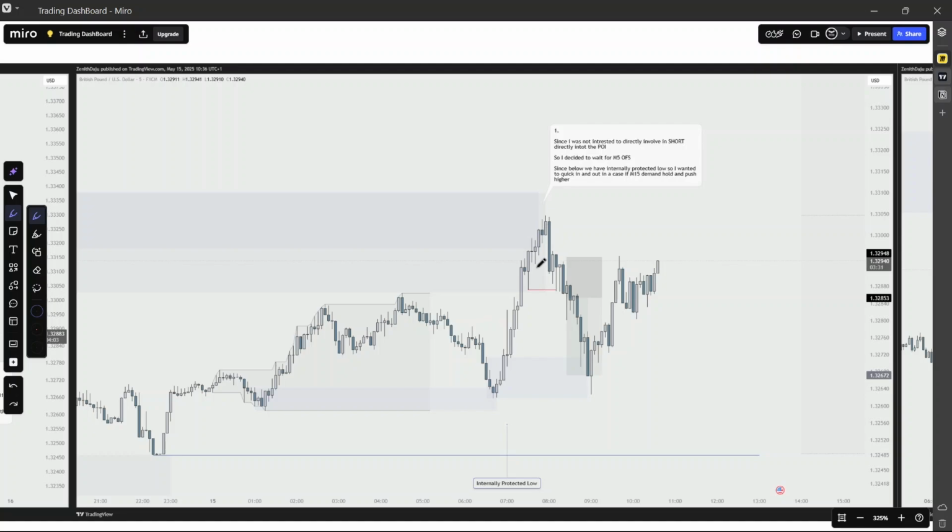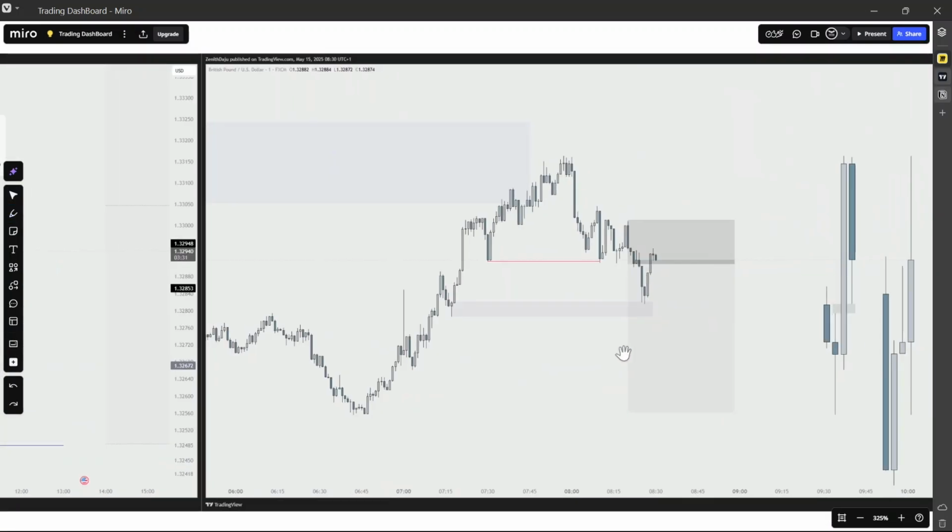Also, we do have this M5 CHoCH here. I'm not concerned about that CHoCH, to be honest. I'm more confident with this M5 order flow shift. After this mitigation, which was after the sweep of this M15, I was pretty convinced and ready to take this shot. Let me take you to the M1 chart.